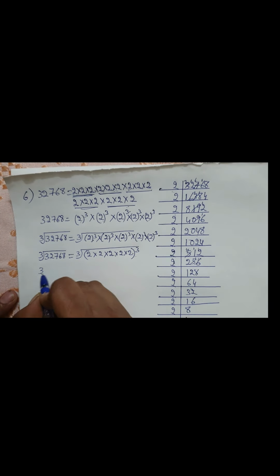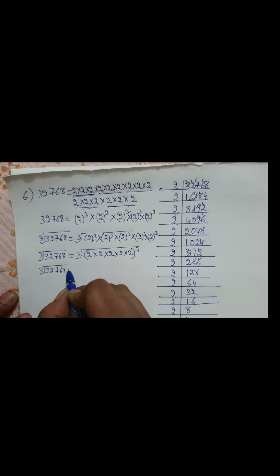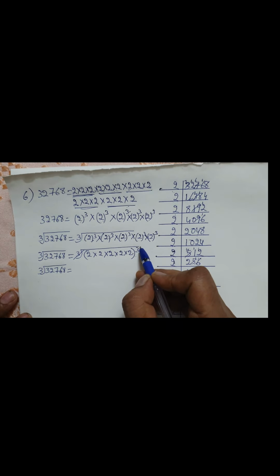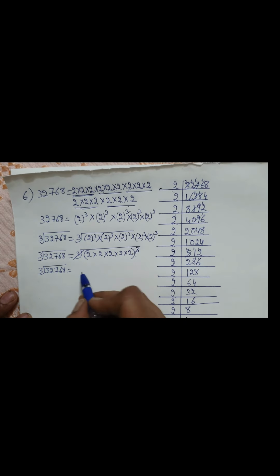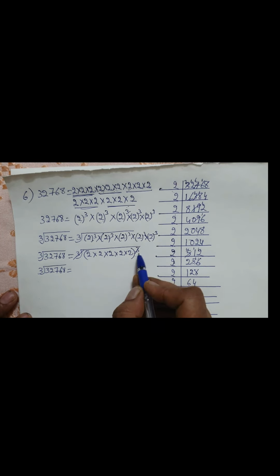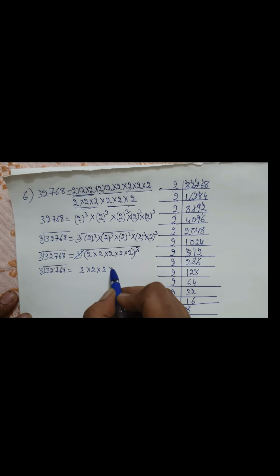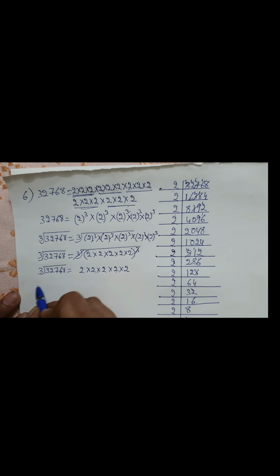Now cube root of 32,768 is equal to, the cube root cancels with the cube and we remove from the bracket, because these are opposite, that's why we cancel, and remove from the bracket this 2 multiply by 2 multiply by 2 multiply by 2 multiply by 2, 1, 2, 3, 4, 5.